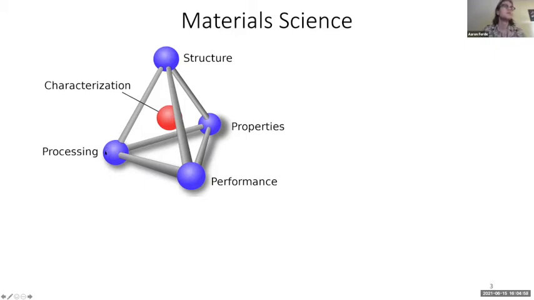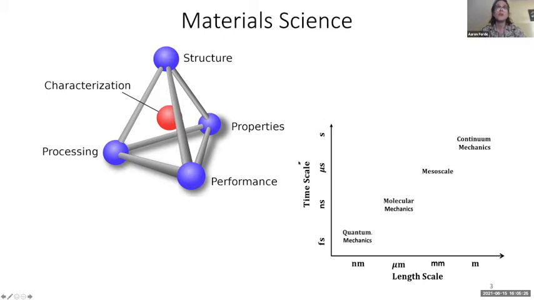And then how the processing and structure property relationships impact performance. And at the center of all this is characterization, so how you do the measurements on the material. And in this case, I'm a computational material scientist or chemist by training, so a lot of the characterization is using numerical simulations in computers.